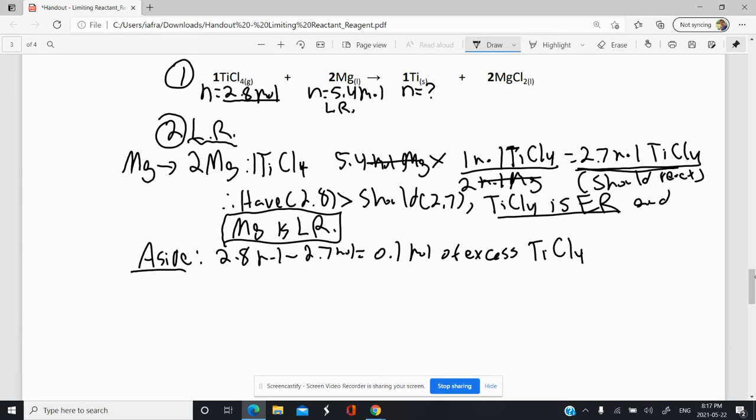And if you want to find the mass of this, you would simply do your moles times your molar mass of titanium 4-chloride, and that would give you the mass that's left over of your excess. That wasn't asked in the question.